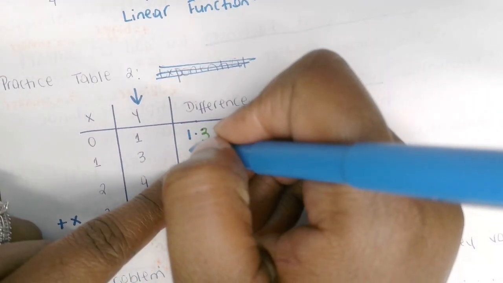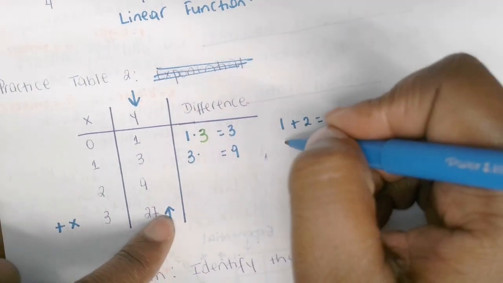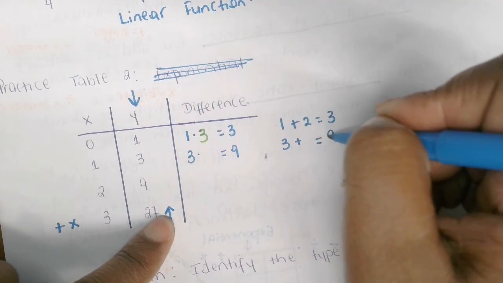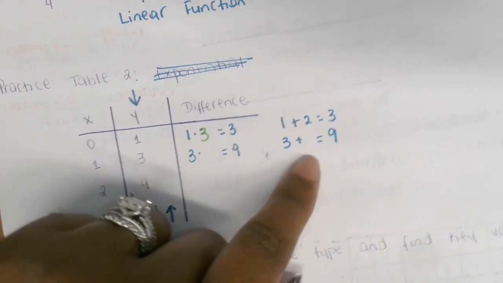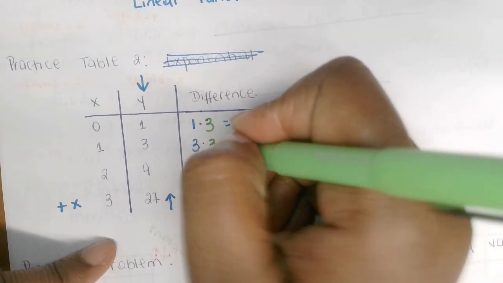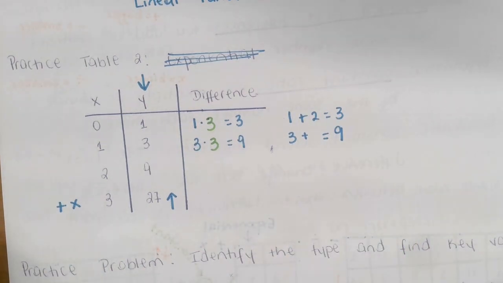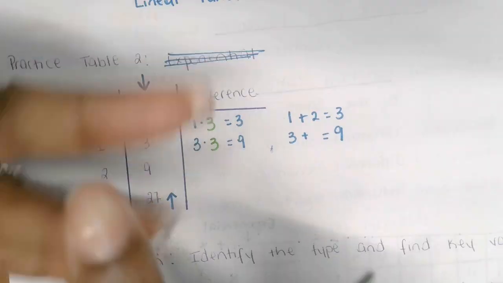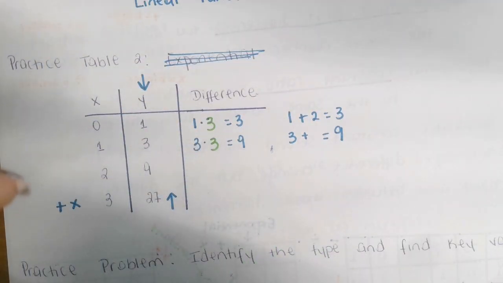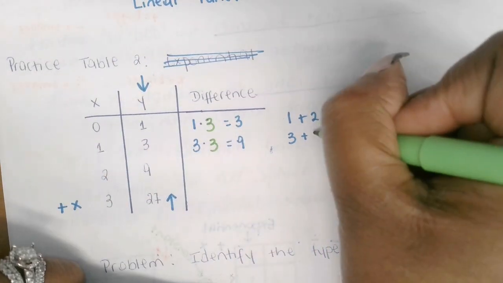Let's see. 3 times what will give me 9? And then 3 plus what would give me 9? So we know 3 times 3 will give me 9. 3 plus what? 4, 5, 6, 7, 8, 9. 6.